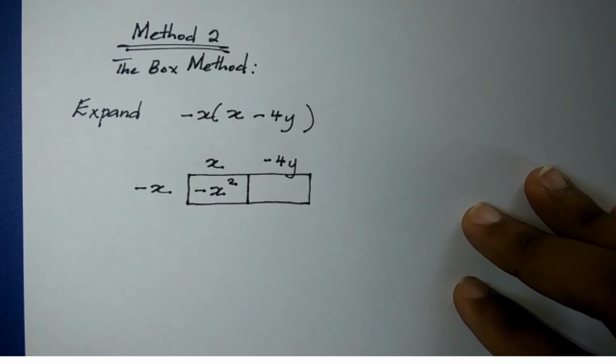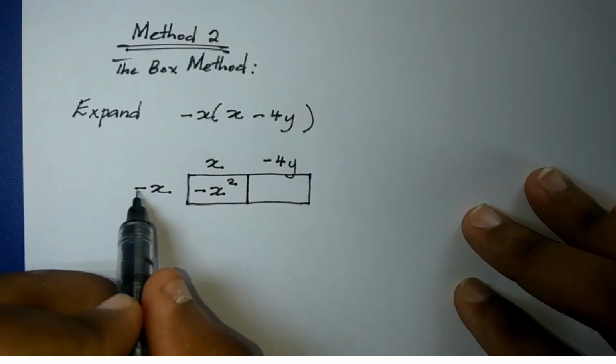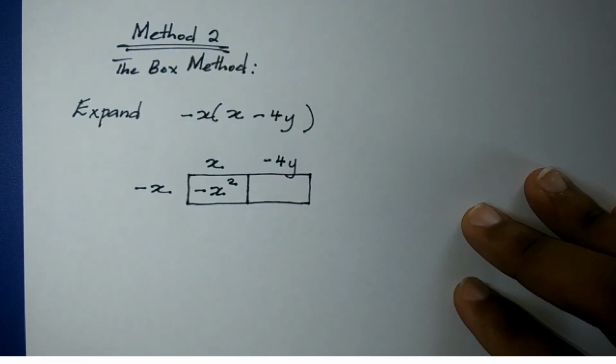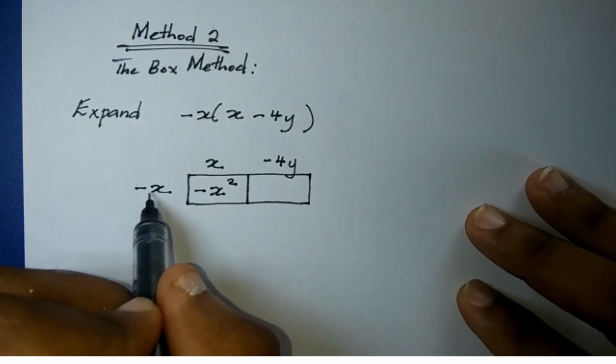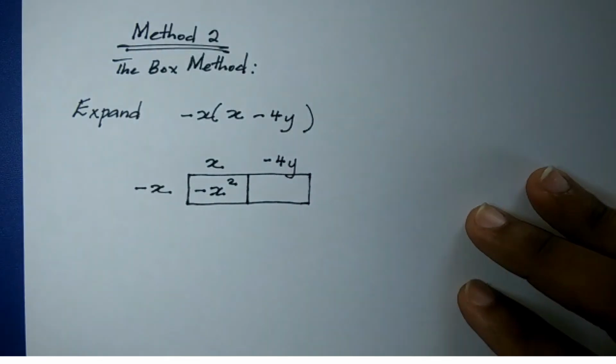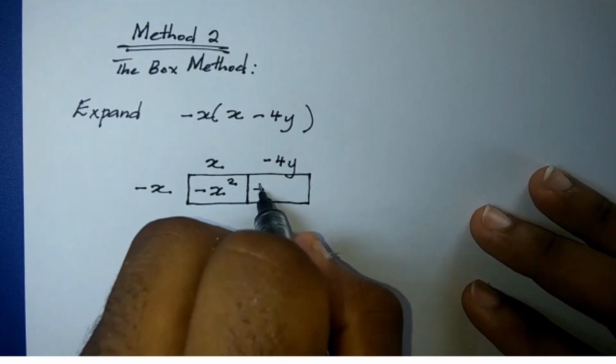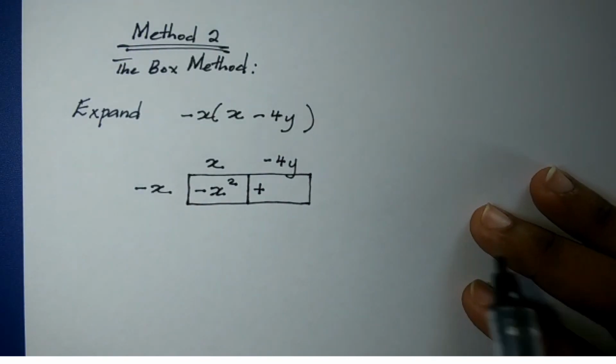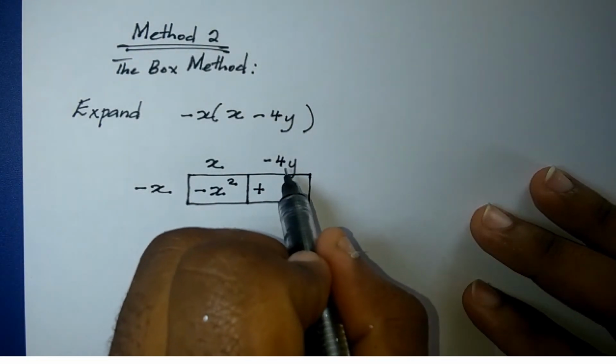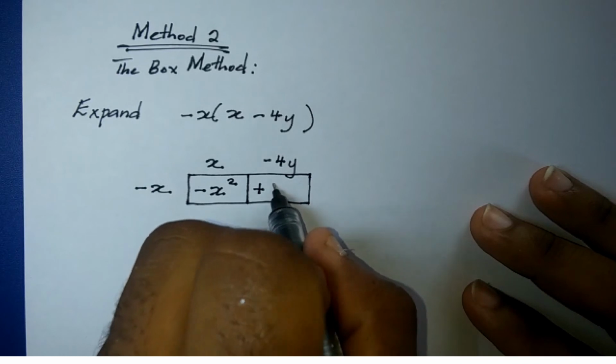So I'm going to have x times x, which is x squared. But remember now, one is negative and one is positive. Let's look now. Negative times negative gives us a what? A positive. So I'm going to get a positive answer here. So x now times 4y will give me 4xy.